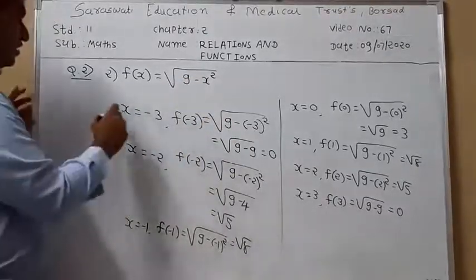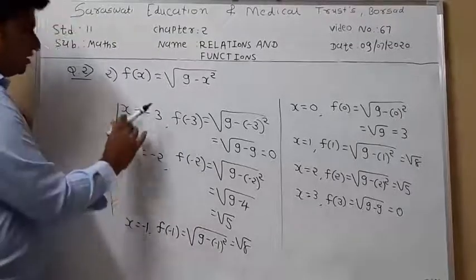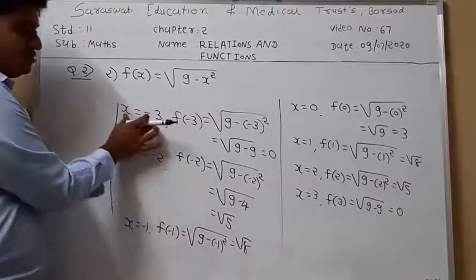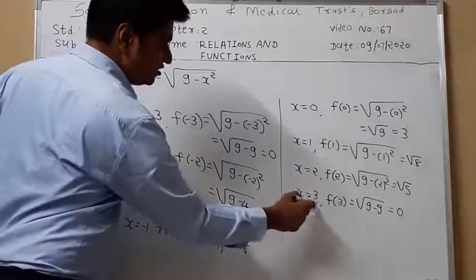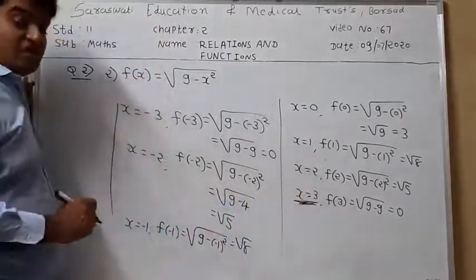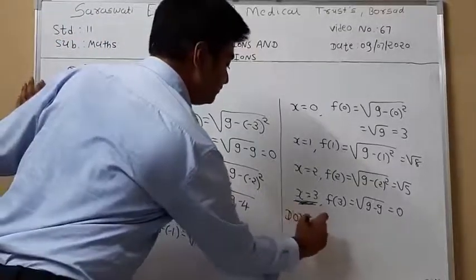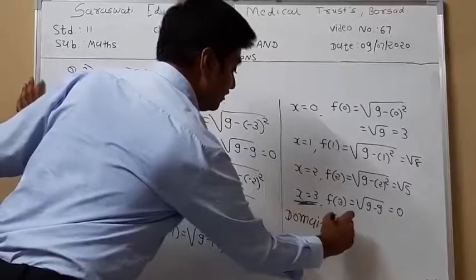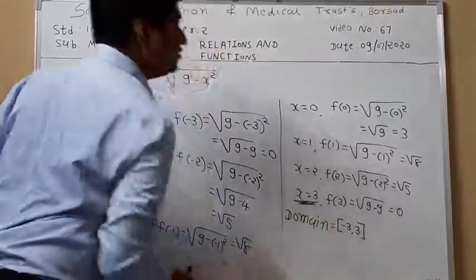So in the position of domain, on the negative side the last position we can consider is minus 3, and on the positive side again the position is 3. So our domain is close interval minus 3 to close interval 3.